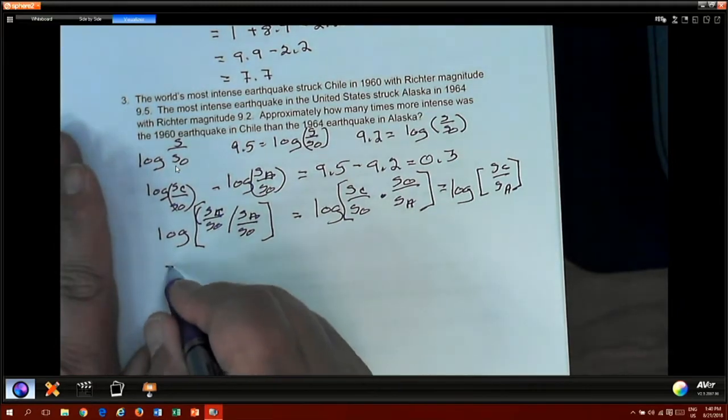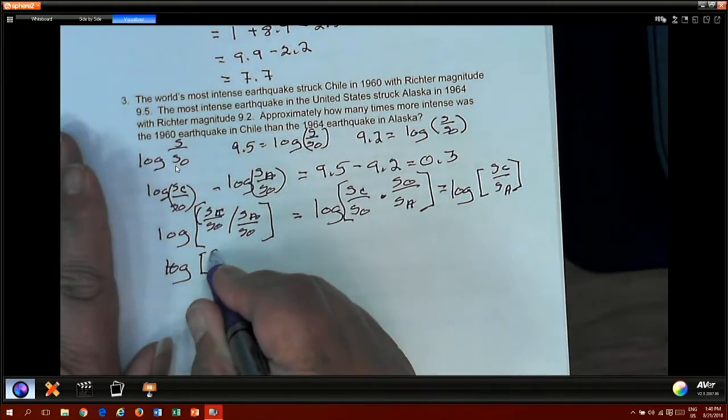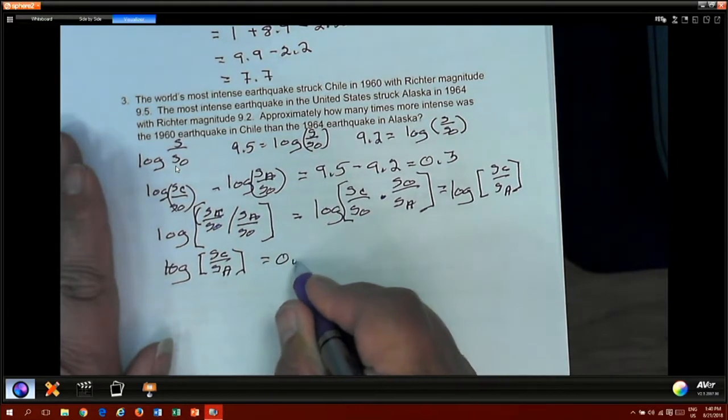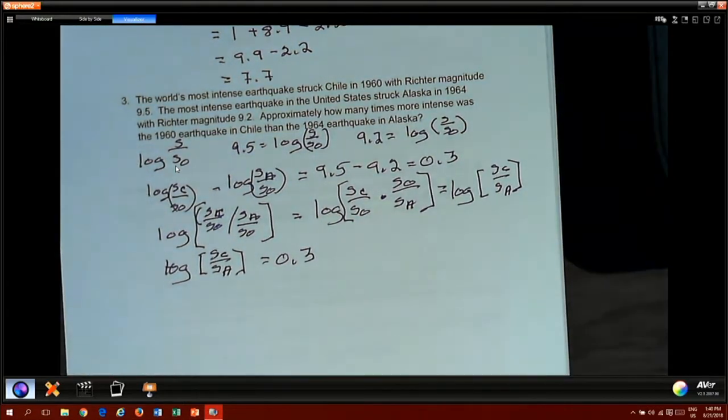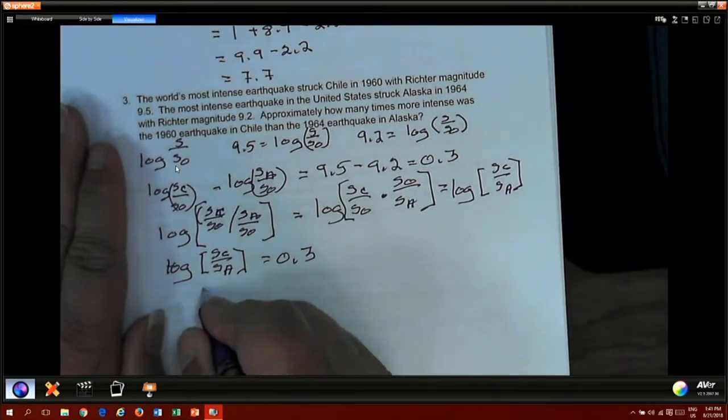Well, the log of S sub C over S sub A is 0.3, because that's the difference in the values on the Richter scale. Now, remember, log is log base 10.